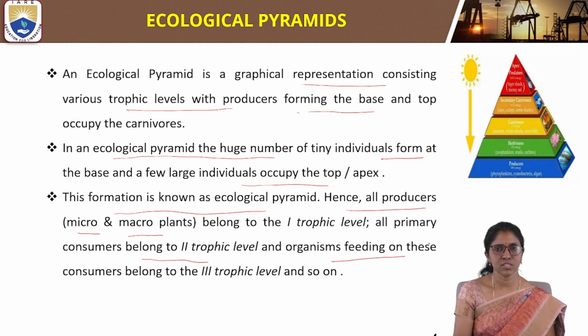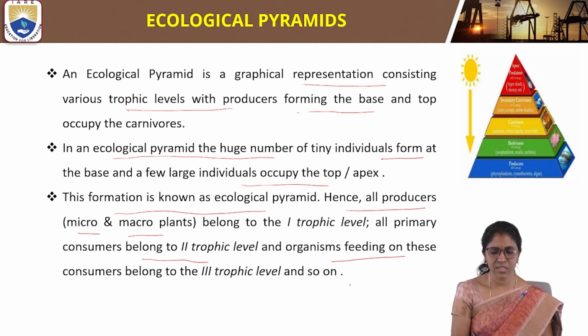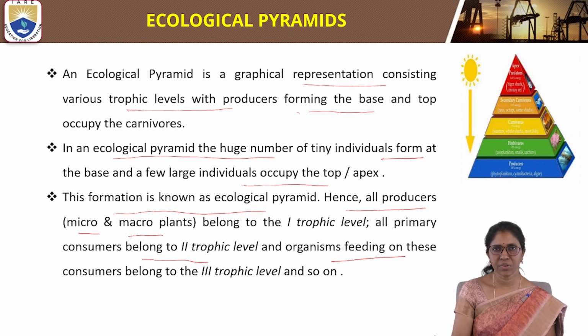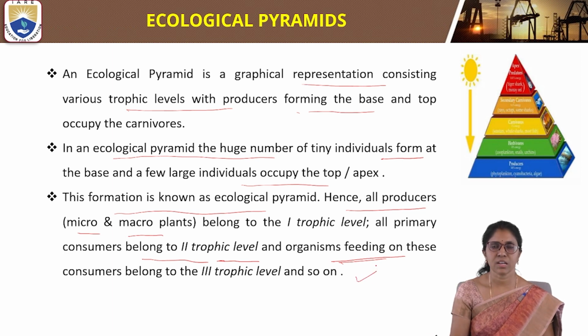Organisms feeding on these consumers belong to the third trophic level, and so on. These are the trophic levels present in ecological pyramids.